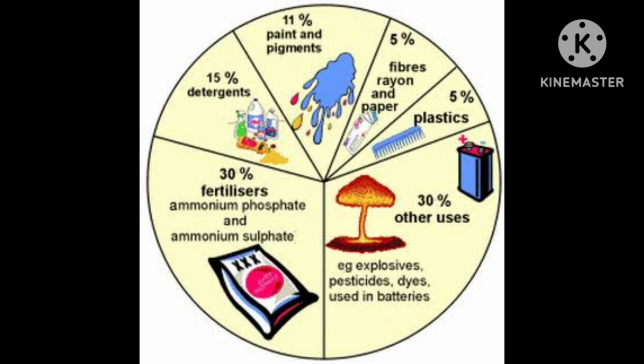Now the applications. Uses: sulfuric acid is a very important industrial chemical. A nation's industrial strength can be judged by the quantity of sulfuric acid it produces and consumes. It has so much importance.